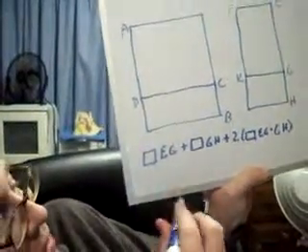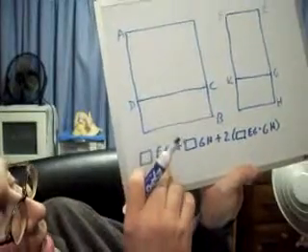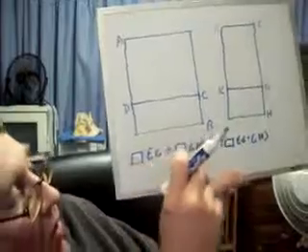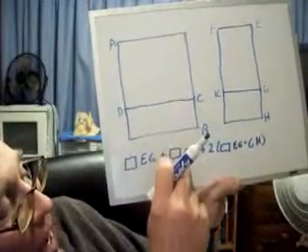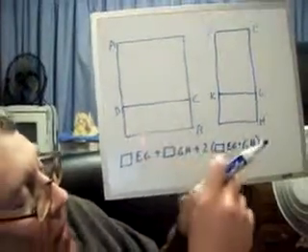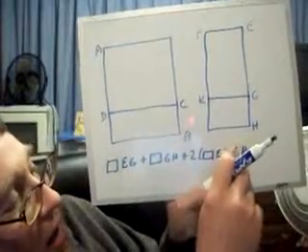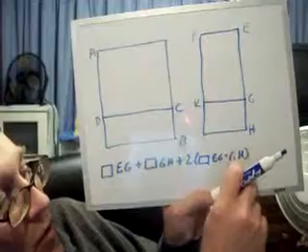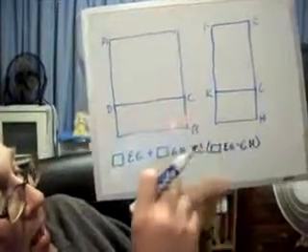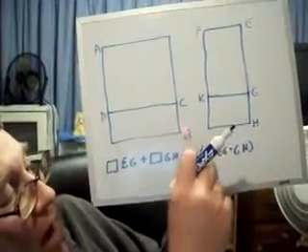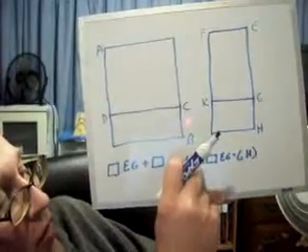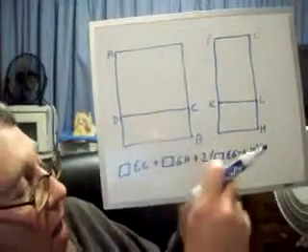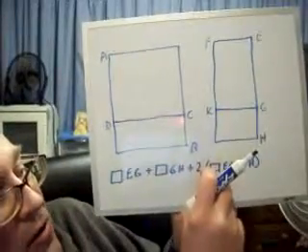Take a look at this equation. We first made a square and all four sides of it were EG. Then we made another square and all four sides of it were GH. Then we made a rectangle called EG GH where two sides were EG and two sides were GH. And then we multiplied the area of that rectangle by 2. Okay, so now we have this square area, and these two rectangular areas.